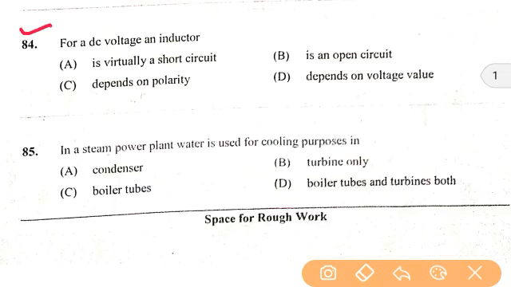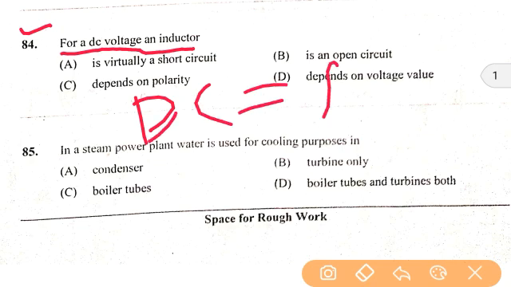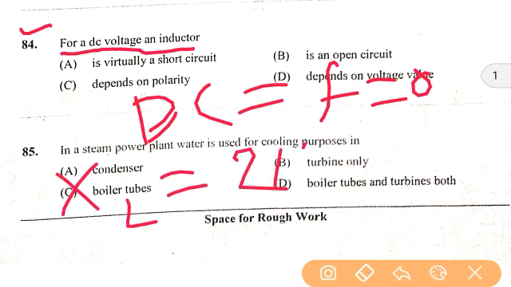In the next question, for a DC voltage and inductor, you know that a DC voltage has frequency 0. For inductive reactance, XL equals 2 pi into F into L, where F is the frequency.